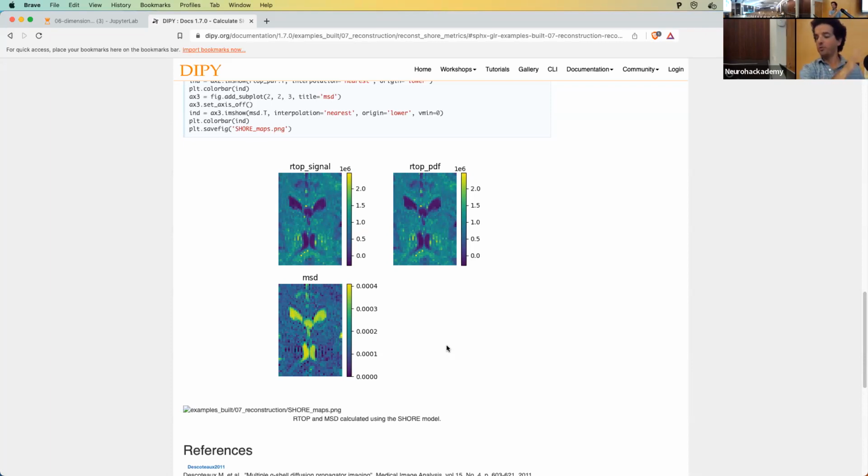This is a little bit more phenomenological than that. It's something about the distribution of water spins that make it far away from where they were and then back. And that tells you something about how hard it is for water to move within this particular voxel on average.